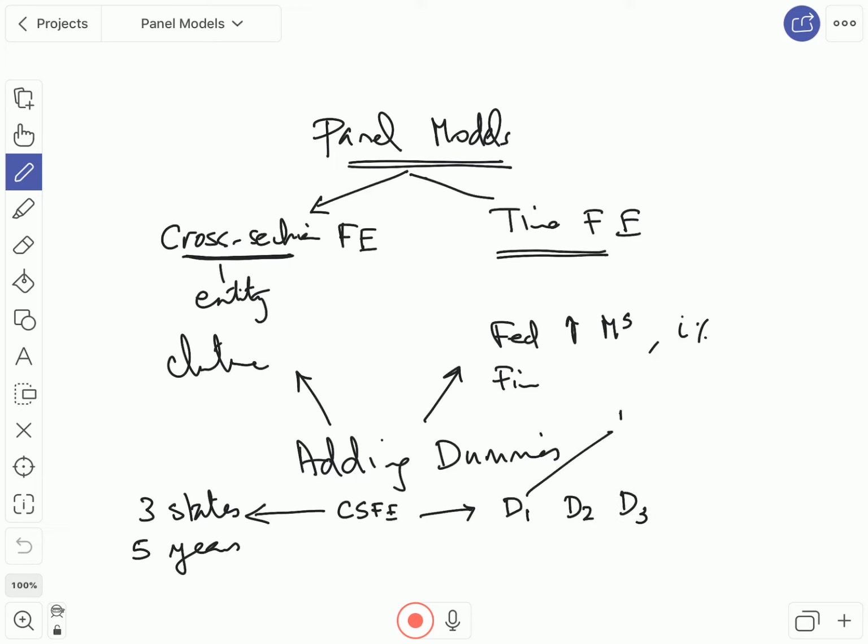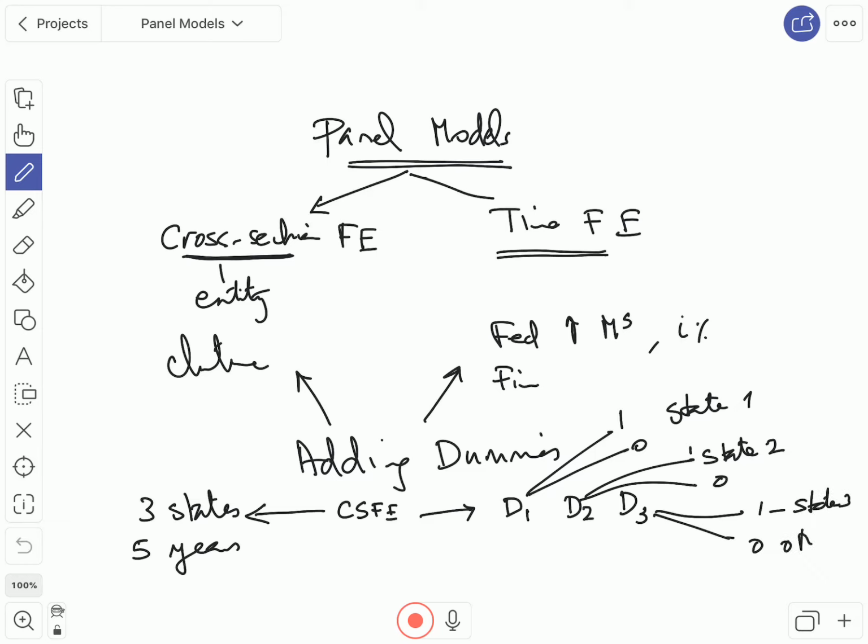This dummy is equal to 1 if the state is 1, and it's going to be 0 otherwise. This dummy is going to take 1 if the state is number 2 and it's 0 otherwise, and this one is going to take 1 if the state is 3 and it's going to be 0 otherwise.